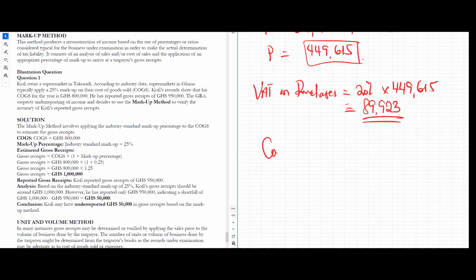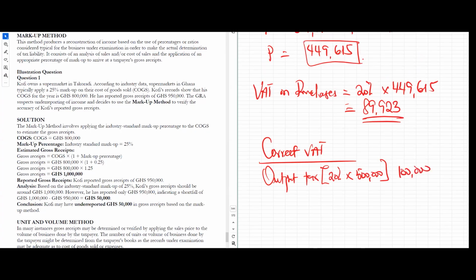So what was his correct VAT to be paid? Assuming his sales was correct, his correct VAT would have been the output tax. What was his output tax? That's 20% of the 500,000, which was 100,000, minus the input tax corrected. This is what we call recomputation in audit.